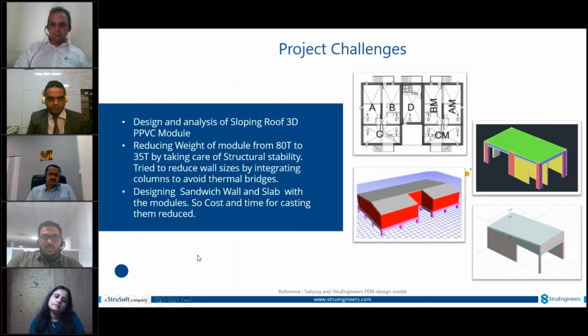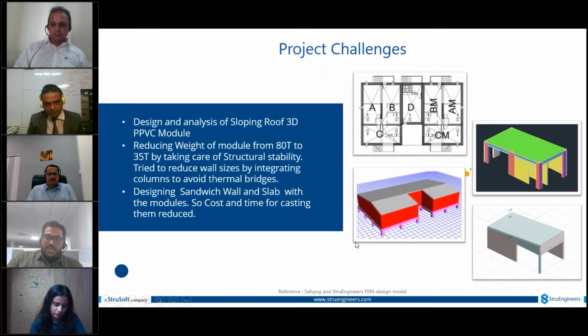Now, the project challenges which we faced, like Khushbu mentioned, and Anand sir also mentioned: we were working in two extreme conditions. In New Zealand, for the structural part, the earthquake is very governing. And in Nunavut in Canada, it is an extremely cold climate.